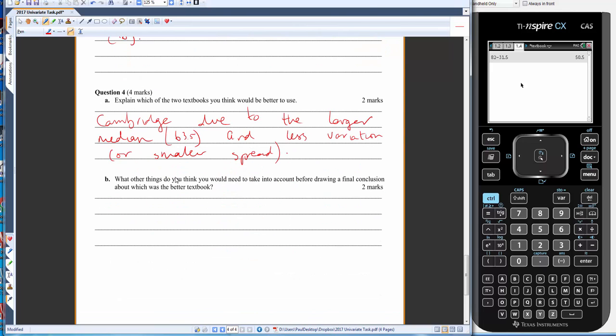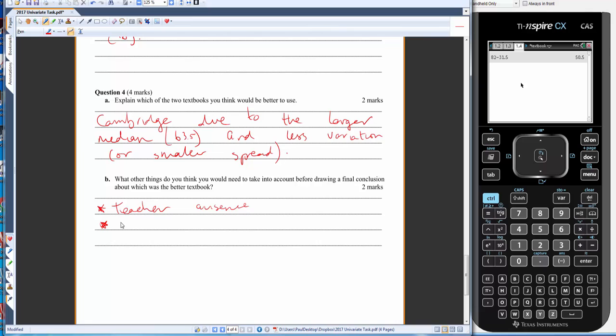Okay, what other things would you need to take into account before drawing final conclusion about which was the better textbook? This here was a pretty open question, and you know, there are a number of factors. Okay, you could look at something like teacher absence. Maybe one of the classes had a teacher that wasn't there for a portion of time.